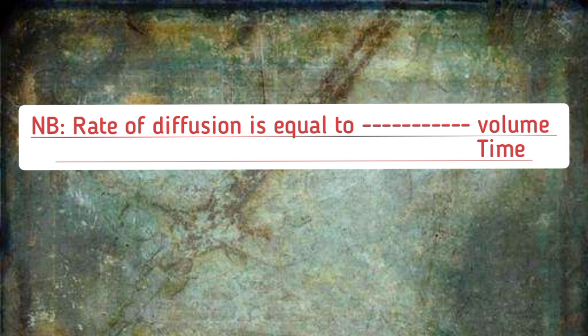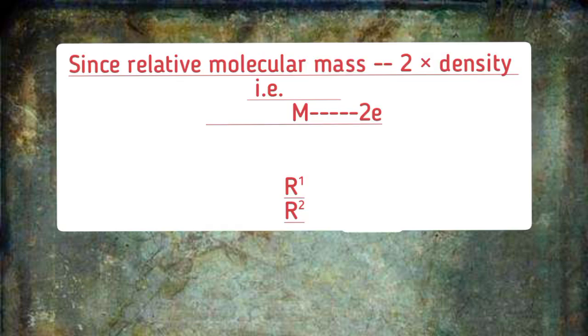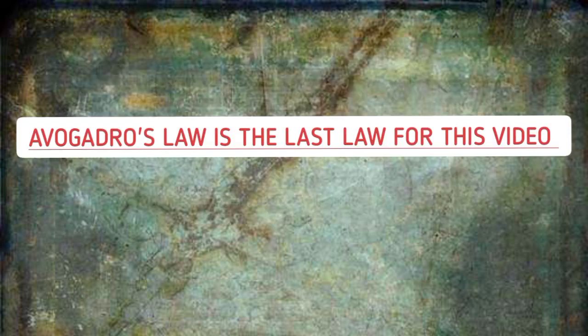Note, rate of diffusion is equal to volume all over time. So R1 all over R2 is equal to square root of E2 all over square root of E1, since relative molecular mass is equal to 2 times density.